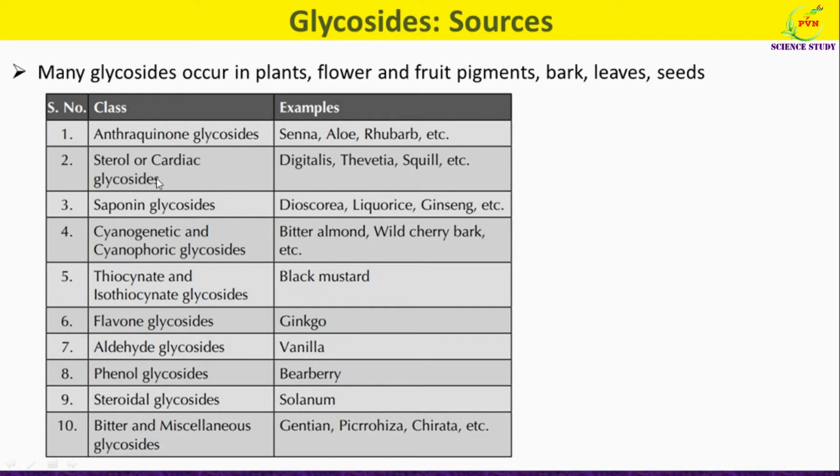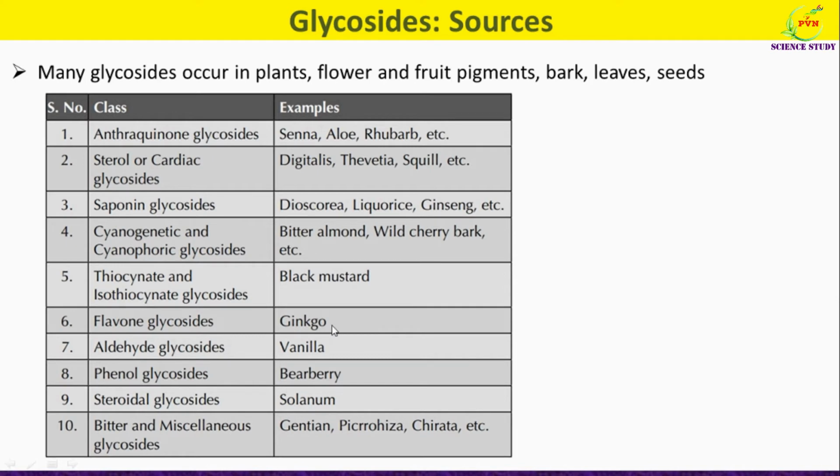Sterol or cardiac glycosides are produced from Digitalis, Thevetia, squill, etc. Saponin glycosides are produced from Dioscorea, licorice, ginseng. Cyanogenic or cyanophoric glycosides are produced from bitter almond, wild cherry bark. Thiocyanate or isothiocyanate glycosides are produced from black mustard.